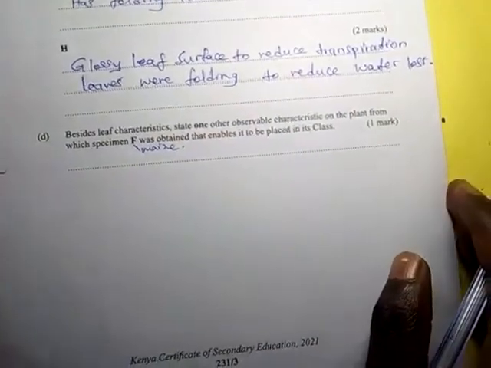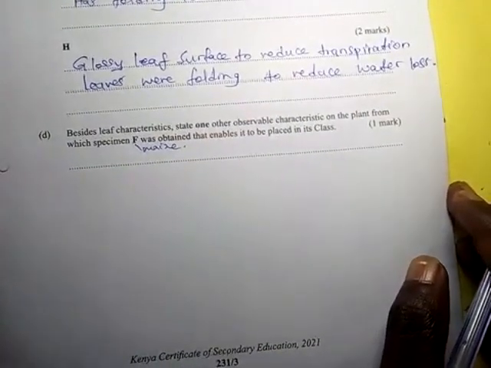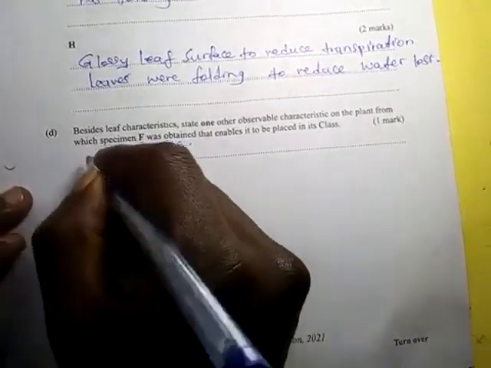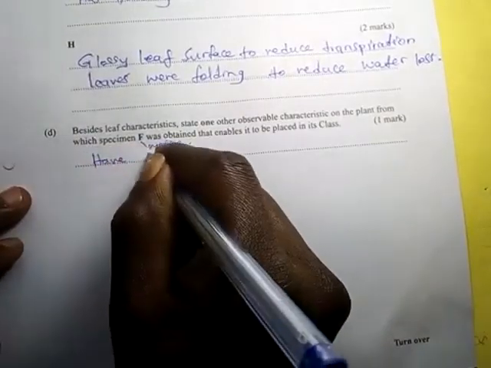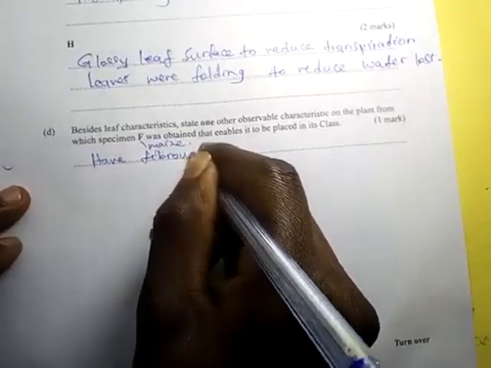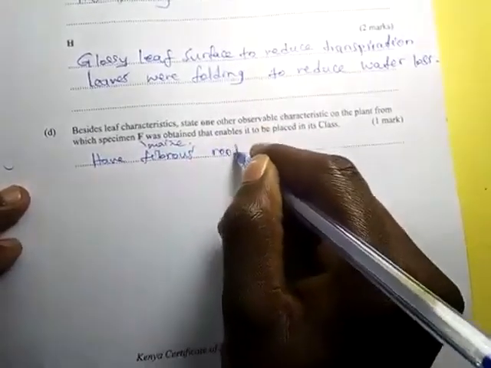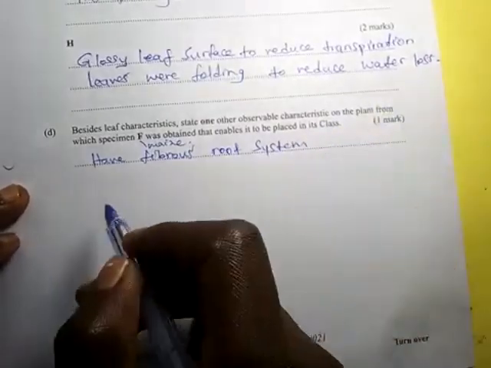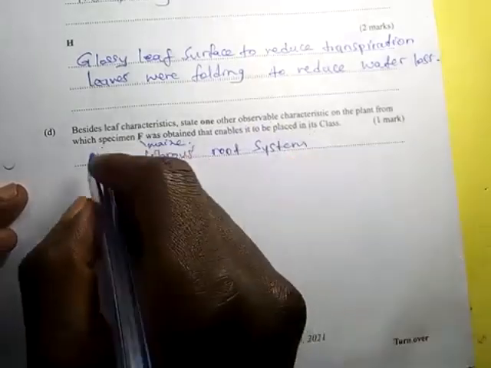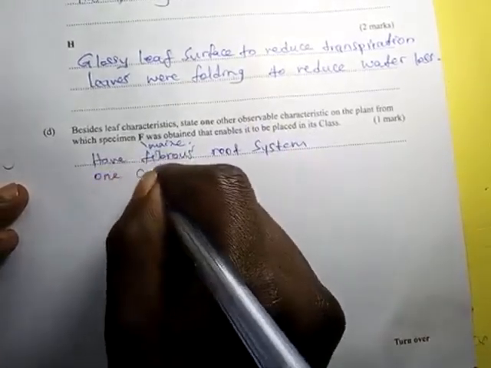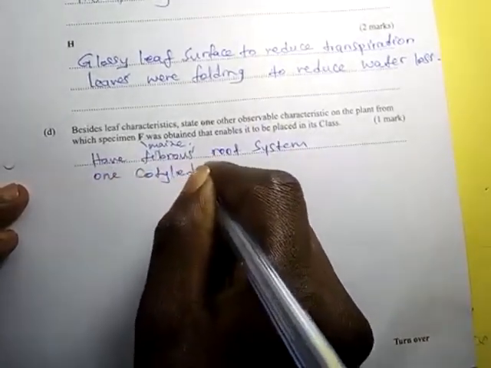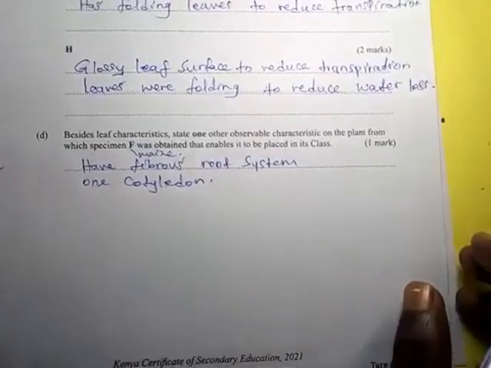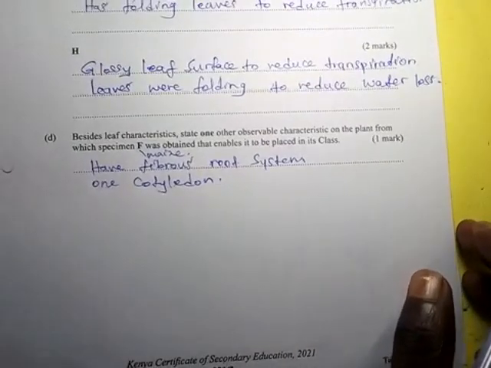Therefore, you should be able to know the characteristics of class Monocotyledonae. First, it has a fibrous root system. Also, it has one cotyledon, and so on.